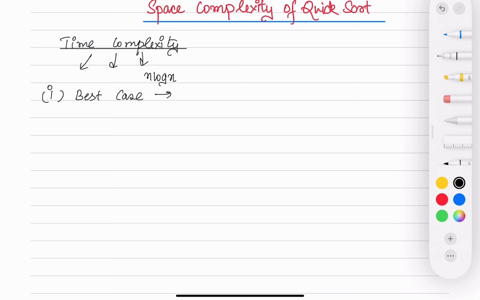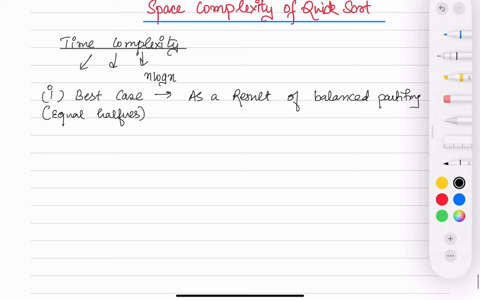So as a result of balanced partitioning, that is equal halves, we get a balanced recursive tree.